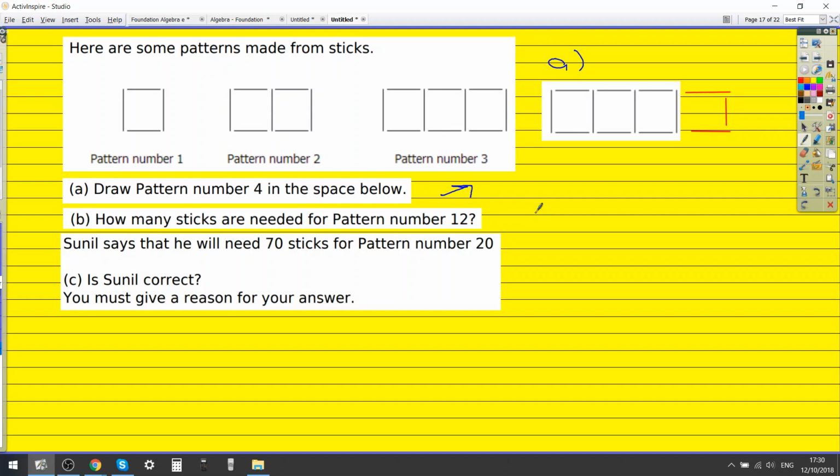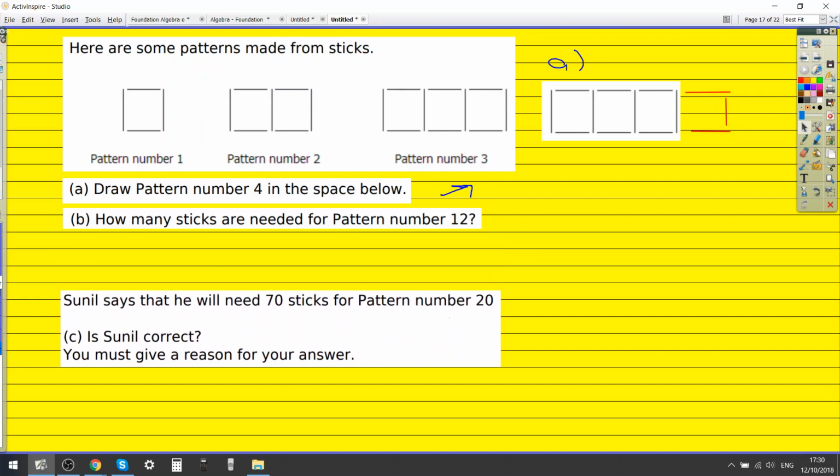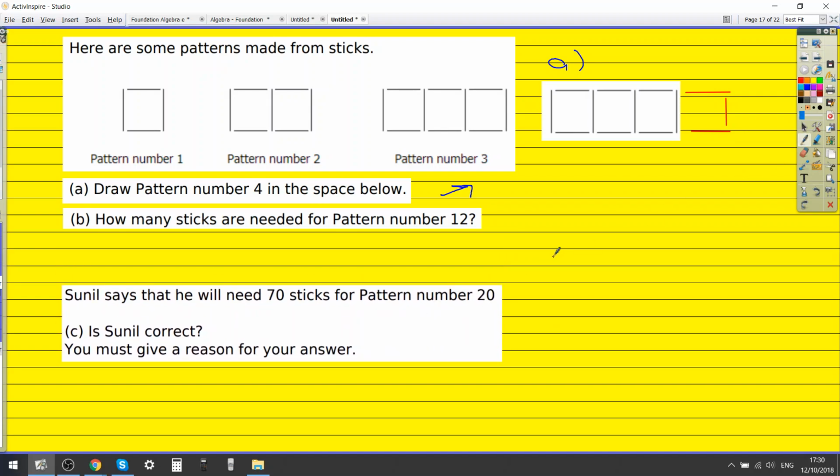These are ones where I get stuck on. So what I would use is the term to term rule. For number 1, there's 4 sticks. Number 2, there's 7 sticks.